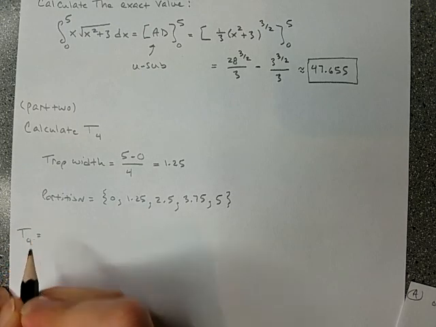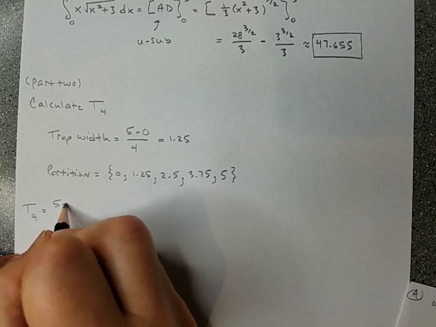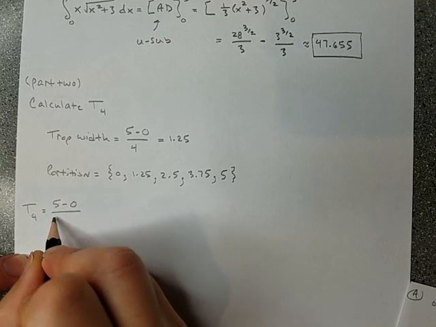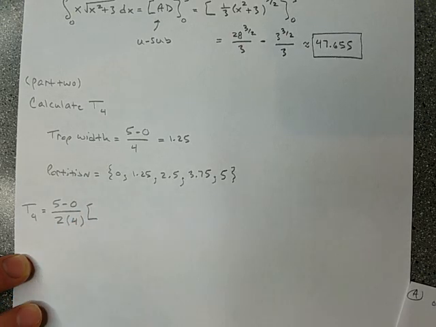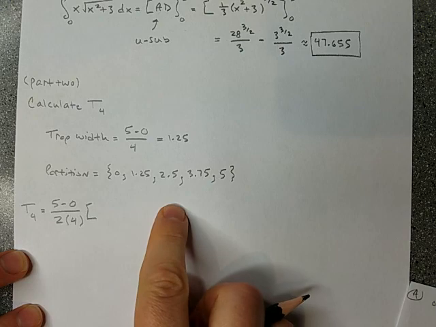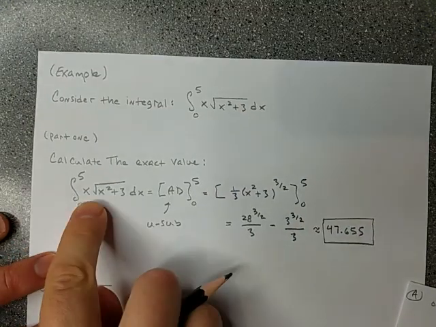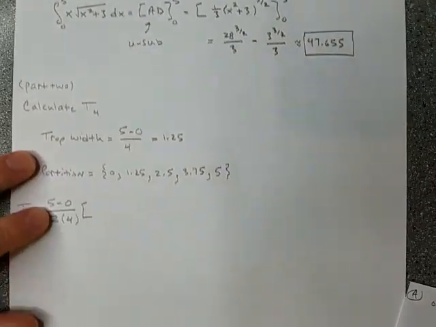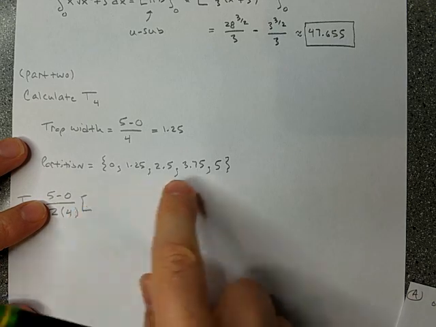T4 is, what was that formula? Upper limit of integration minus lower limit of integration over 2 times the number of trapezoids you're using. And then in here, we put every element of our partition into the function given in the original integral. We double all but the first entry and the last one.